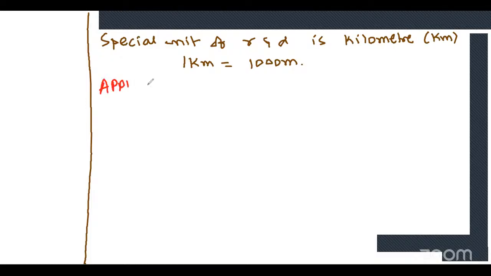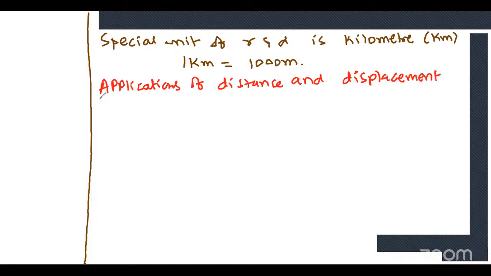Next one, applications of distance and displacement. First one: let us consider a particle moving in a circular path of radius r.